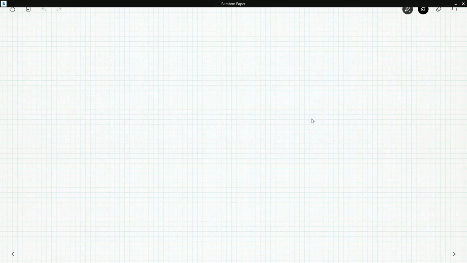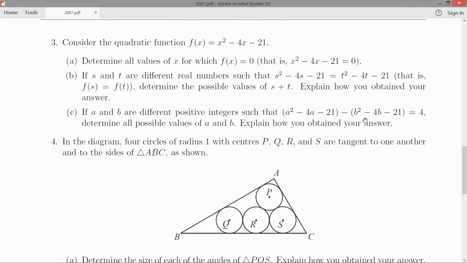We'll have a squared minus b squared kicking around. So a squared minus 4a minus 21 minus b squared plus 4b plus 21 is equal to 4. I expanded the minus sign out here: minus, plus, plus. Okay.